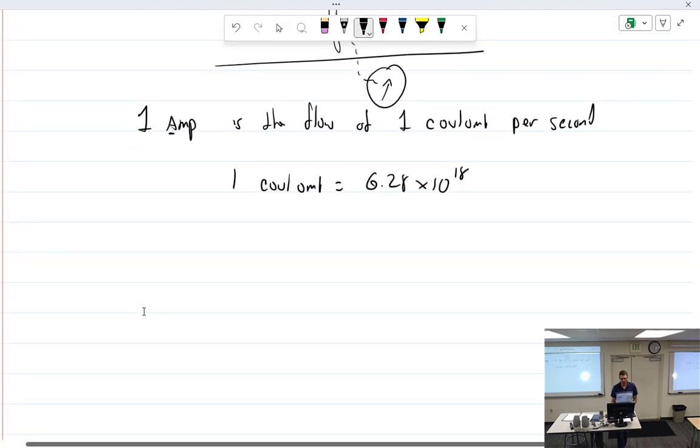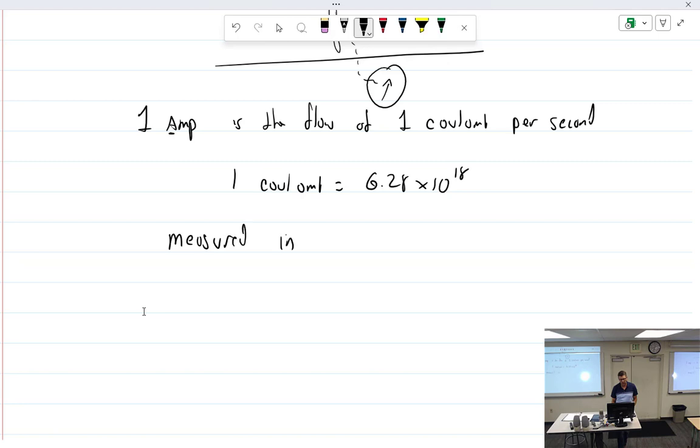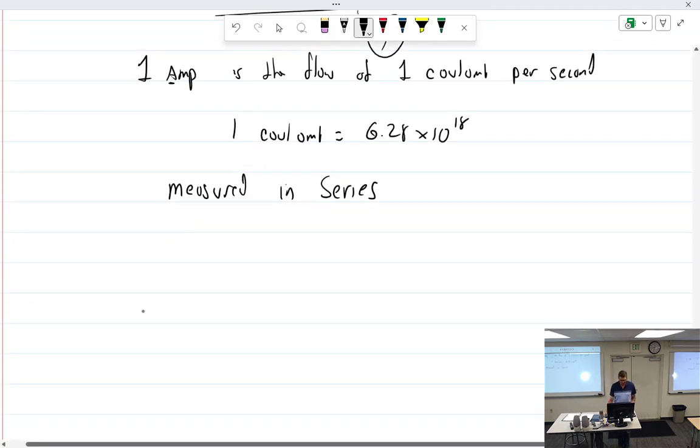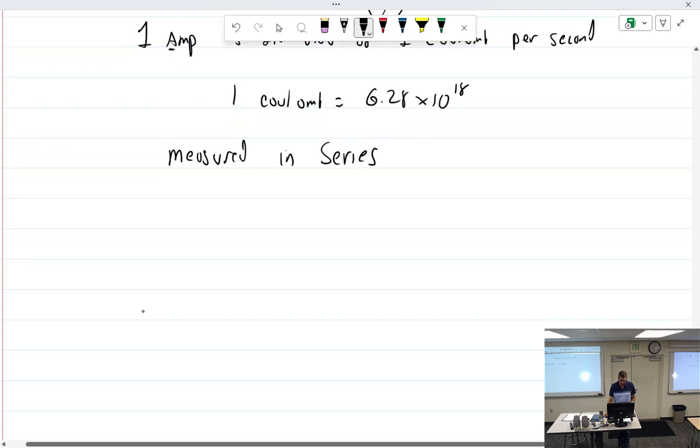All right, so current is measured in series. What happens if you don't measure it in series? There is a little device inside of your meter that will help you remember that. There's an indicator. So it's always measured in series. Now, it doesn't always blow.